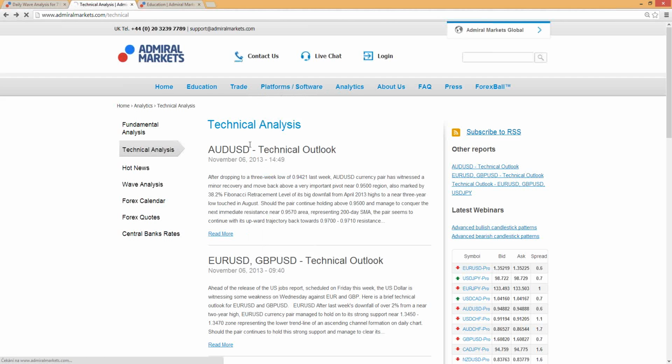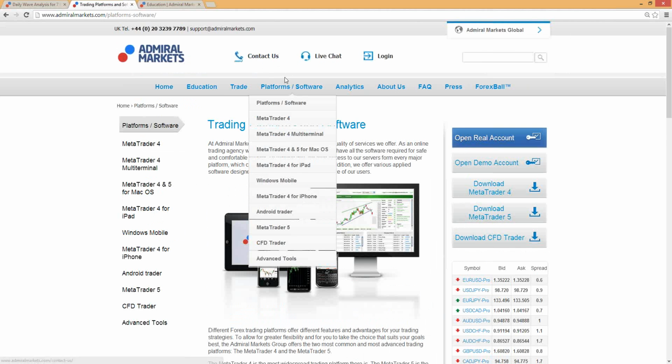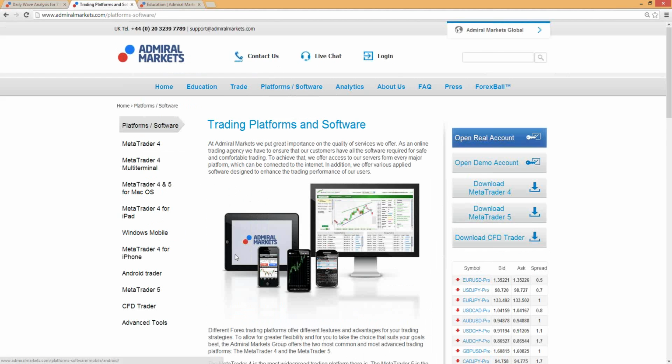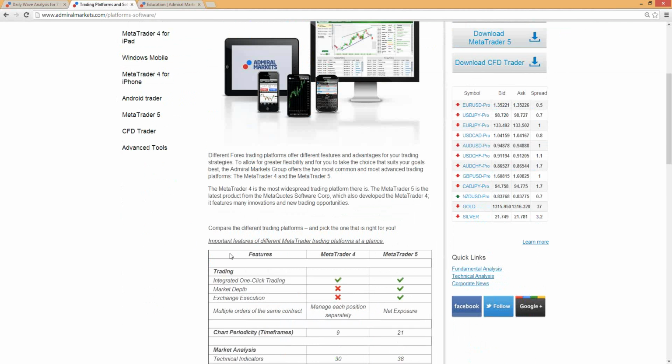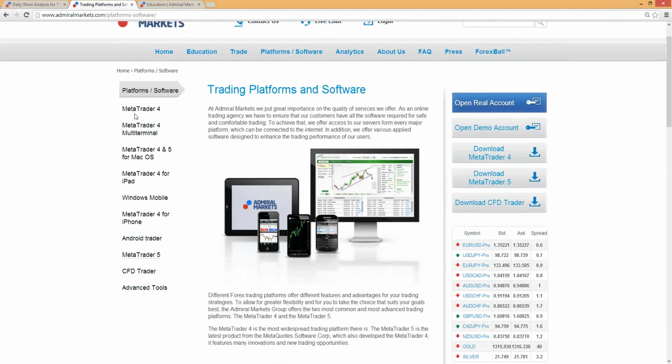Great. So go to admiralmarkets.com, click on Platform Software, and then go to the Platforms tab. Advanced Tools there.